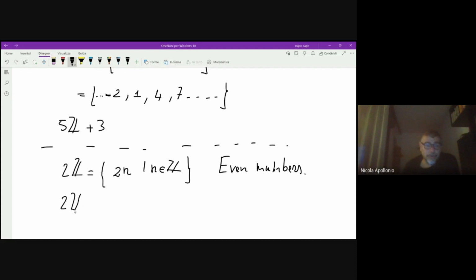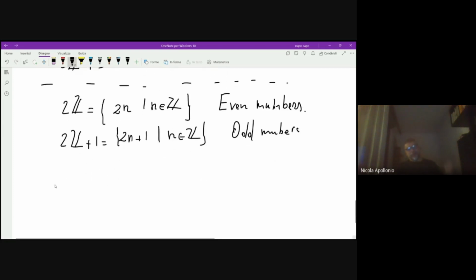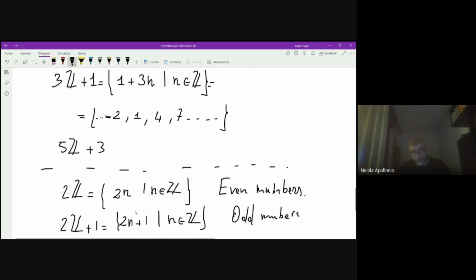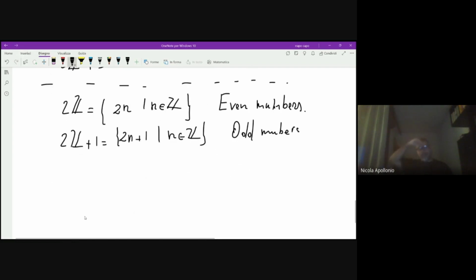And you also know this set, which is simply the set of odd numbers. So last time we started to play with these two sets. My aim last time was to introduce the equivalence relations for a very instructive, constructive example like this one.